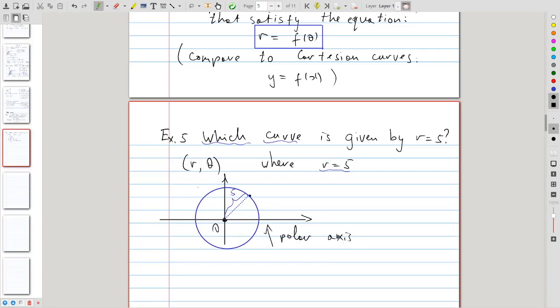And vice versa. Any point that is distance 5 from the origin satisfies this equation. So in other words, the set of points which correspond to this polar equation is precisely shown in blue here. They are the circle of radius 5 centered at the origin.